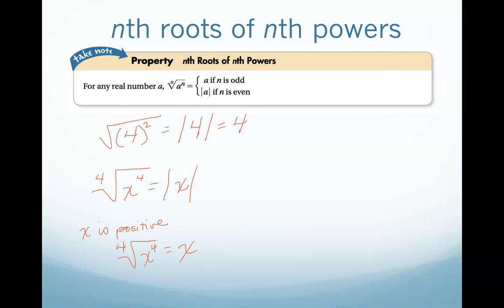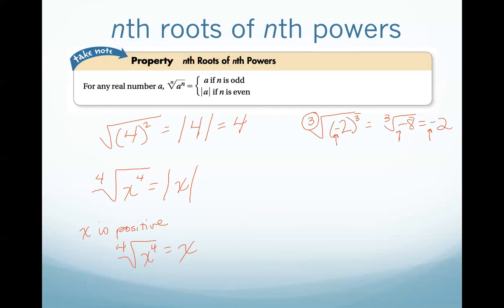Okay, what about when our index is odd? So what if I have a cube root of -2 to the third power? Well, -2 to the third power is -8, and the cube root of -8 is -2. Because odd powers keep their negatives, we don't have to worry about the absolute values for that.